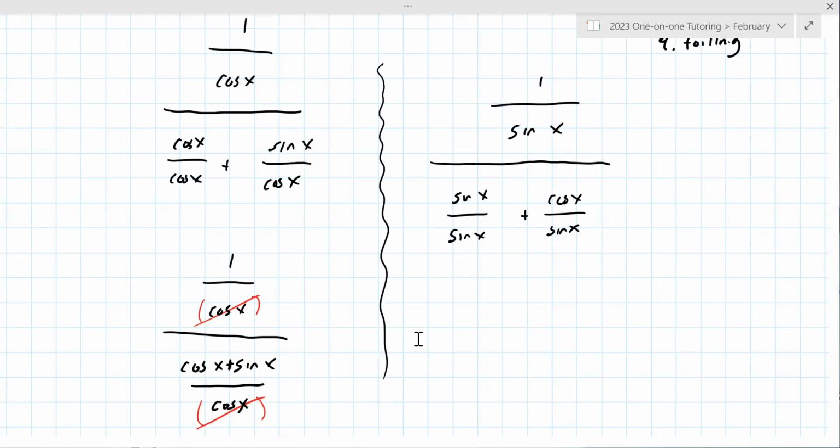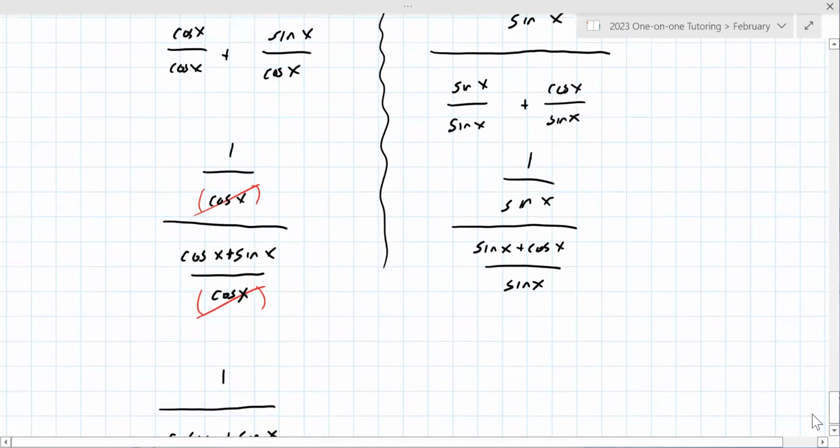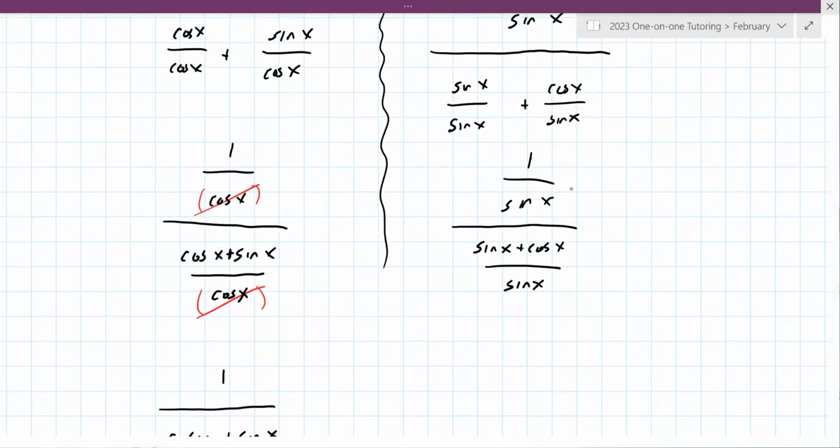I got it. It's pretty much the exact same thing as on the left. The sines cancel, then becomes 1 over sine x plus cosine x, which is the same. Yes.